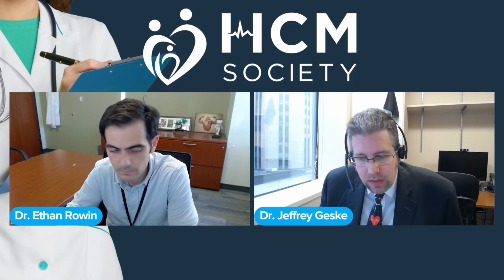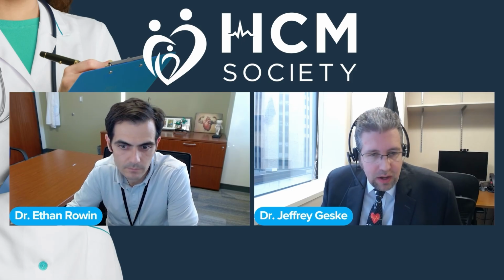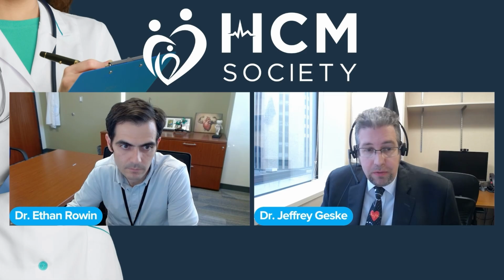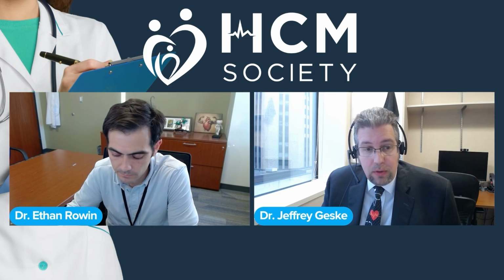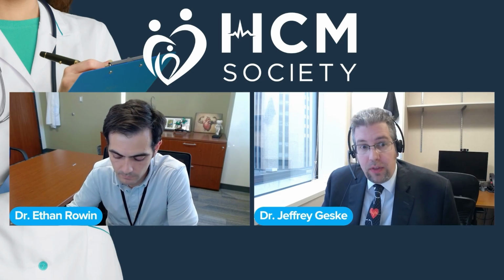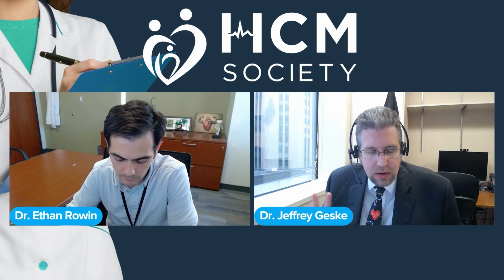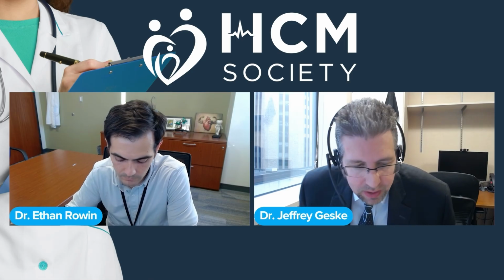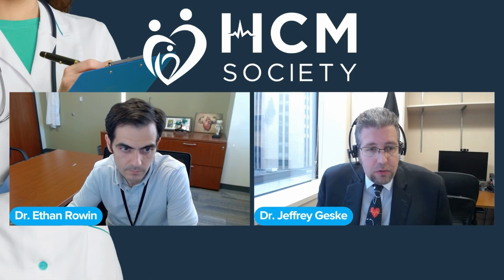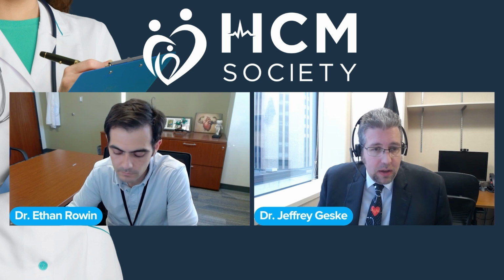I think that even at very high volume centers who are very experienced, the morbidity and mortality associated with apical myectomy and with apical aneurysmectomy, which are not necessarily the same thing, and we'll just make sure we clarify that, is higher than that of transaortic myectomy.